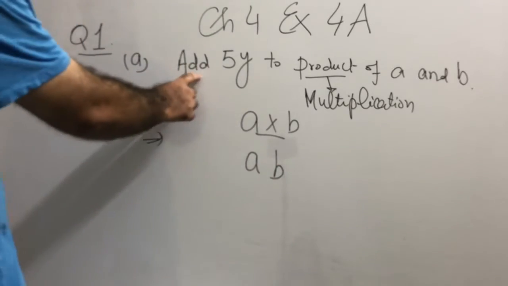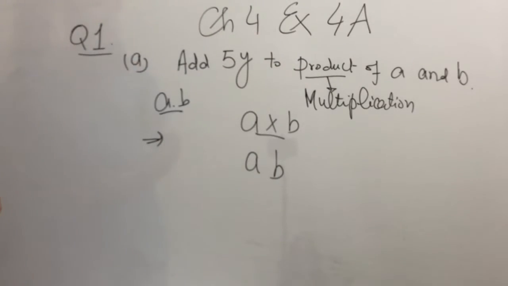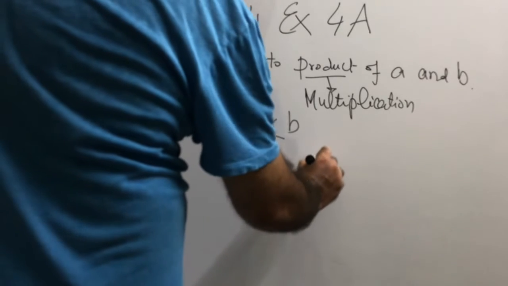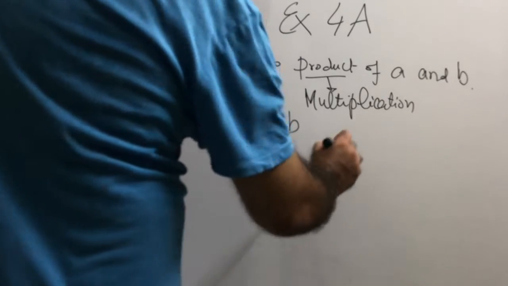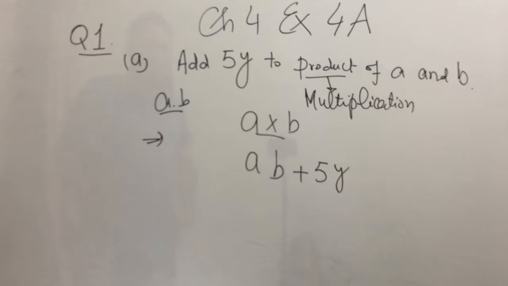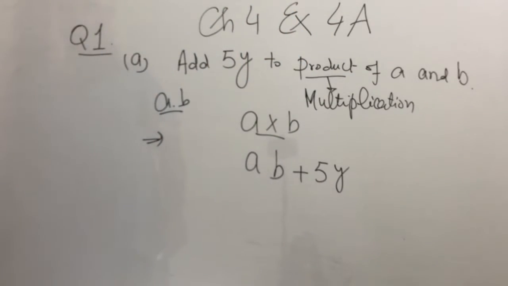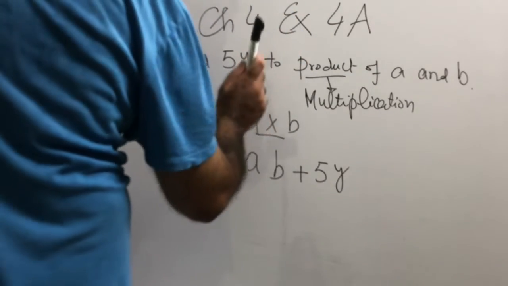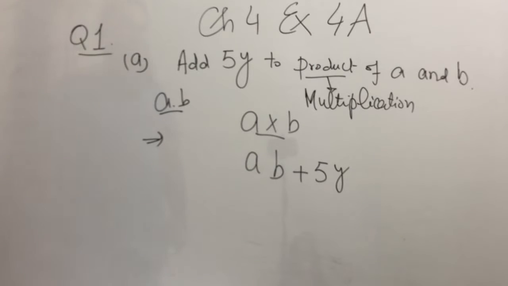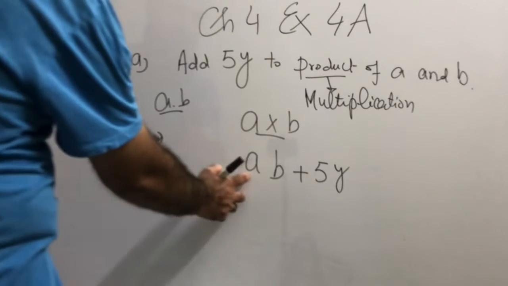We need to add 5y to the product of A and B. So we will just add 5y. This is the algebraic expression for part A. The statement was add 5y to the product of A and B. First we found the product of A and B, which is A multiplication B, but there is no need to write the multiplication sign when using algebraic language.